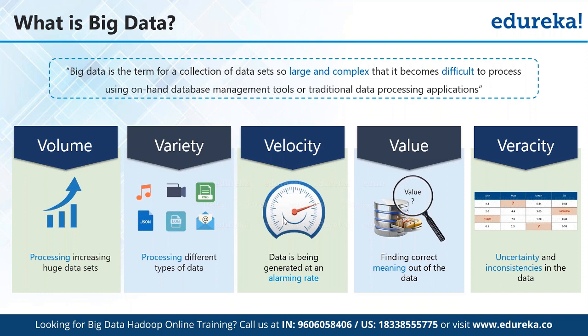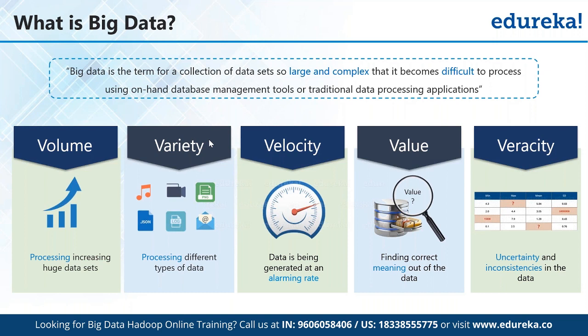Then velocity. We are talking about huge velocities here. Velocity is the rate at which data is getting generated. JSON is a data format, like you have key-value kind of data.